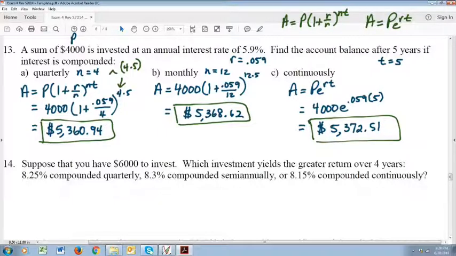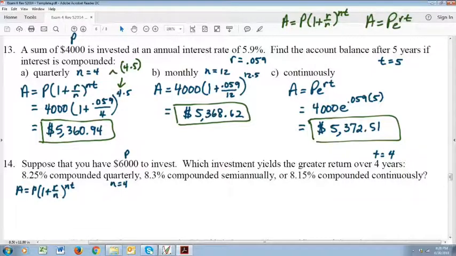Alright, let's look at number 14. So here P is 6,000. It's going to be for 4 years. And in our first case, it's compounded quarterly at 8.25%.